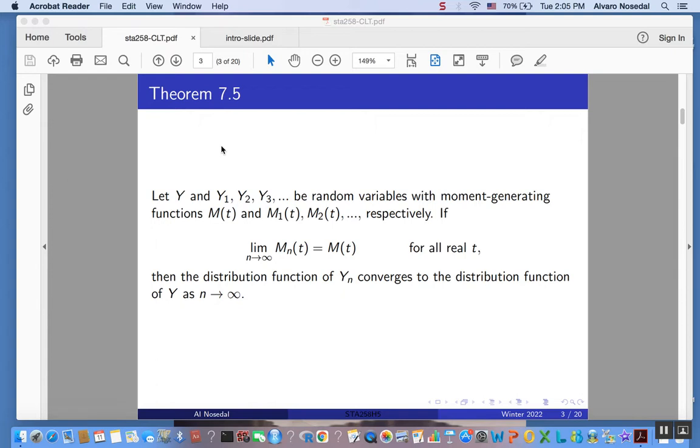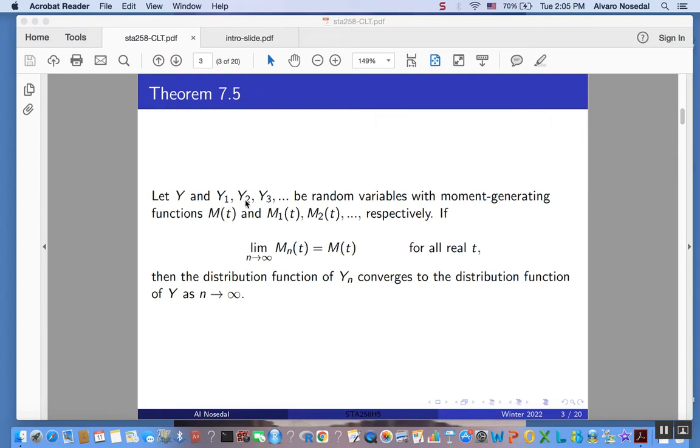But in order to show that result, we are going to rely on a couple of results. This one here is Theorem 7.5 from your textbook. We are going to be using this theorem, but we're not going to be showing it. But basically what this theorem says is the following.